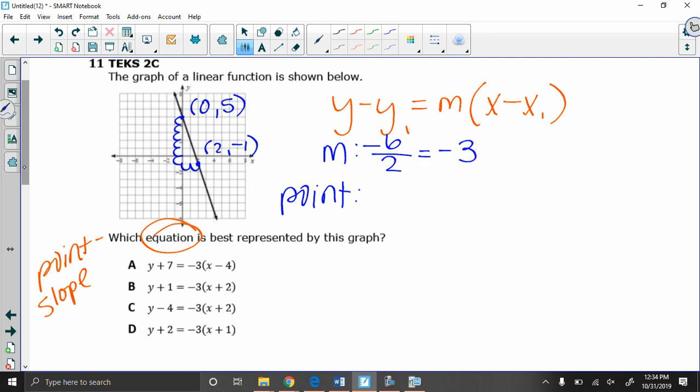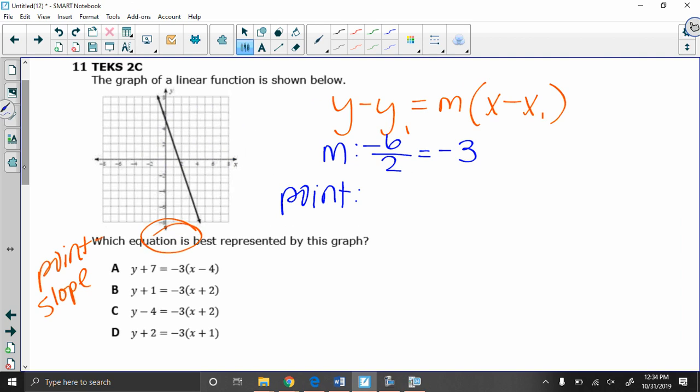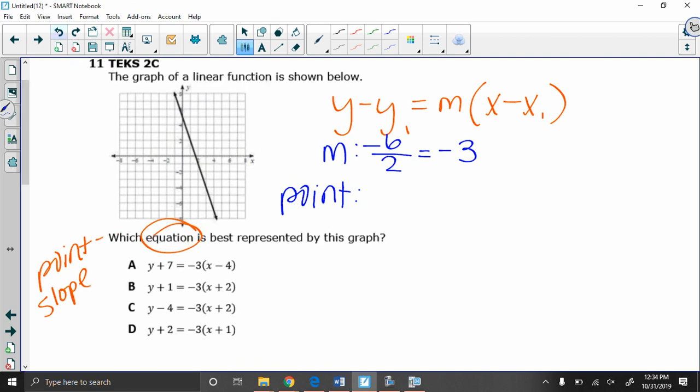Now, when it comes to picking out a point that would best fit this graph, I'm just going to look and see what numbers are in these equations. Whenever you're taking a point out of the equation, you have to flip the sign.